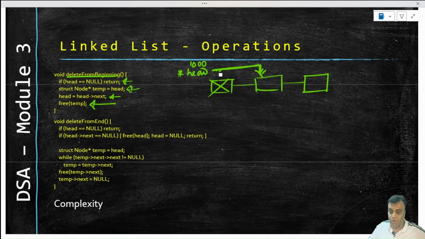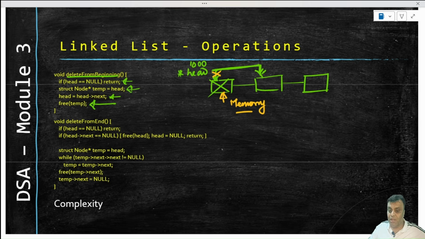So what we said is our head, which was pointing here, will now point here, and this link will cease to exist. Right? What happens to this data? This data is still occupying memory.